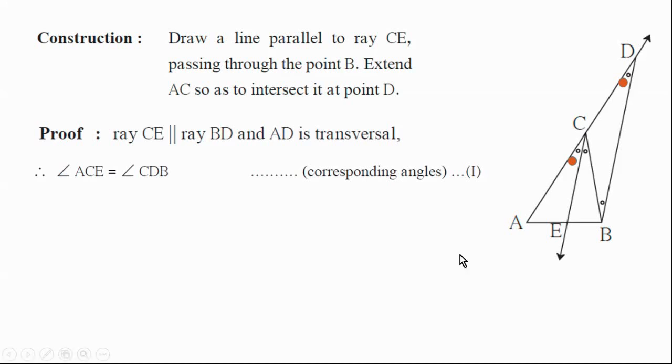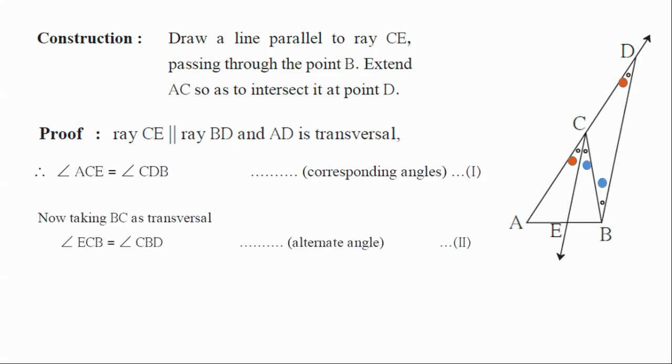CE and BD are parallel to each other, and therefore using this line AD we get ACE equal to CDB, as these are the corresponding angles.